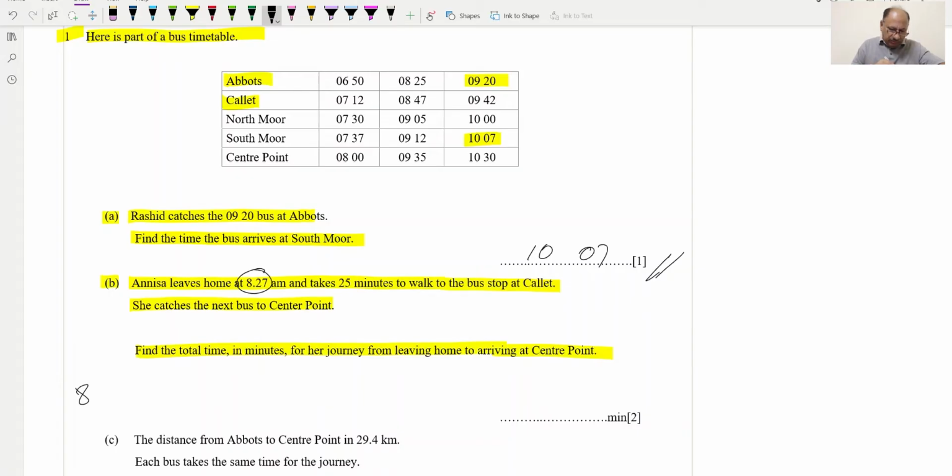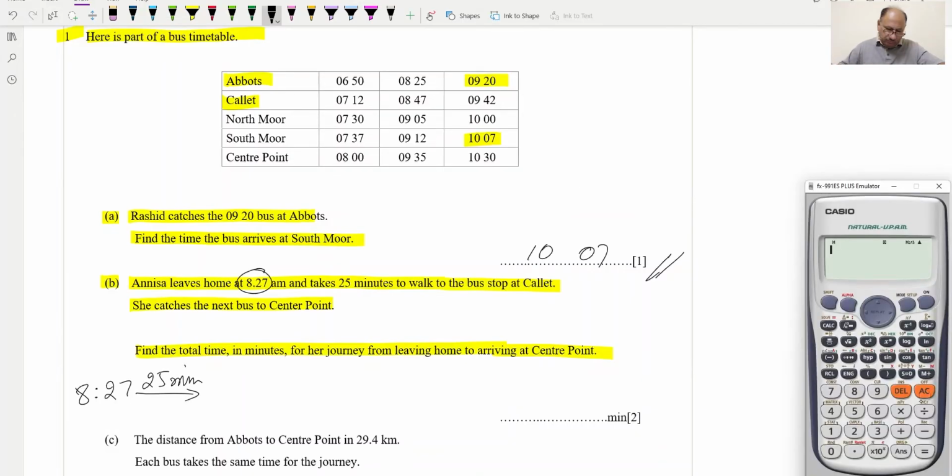So the starting time is 8 hours and 27 minutes, and she takes 25 minutes to walk. So we will add 25 minutes to it, and after 25 minutes, what will be the time?